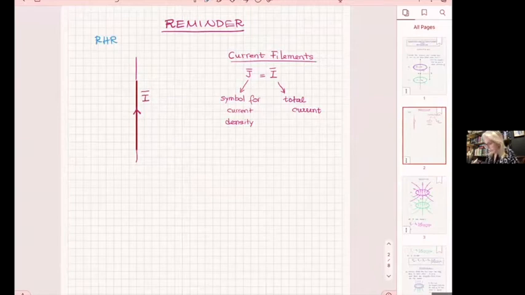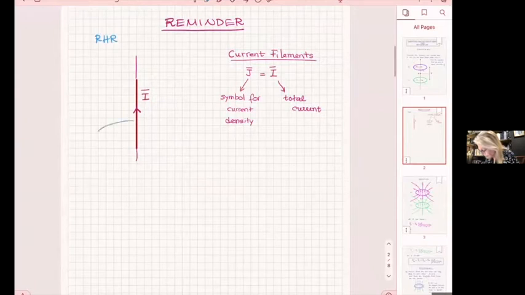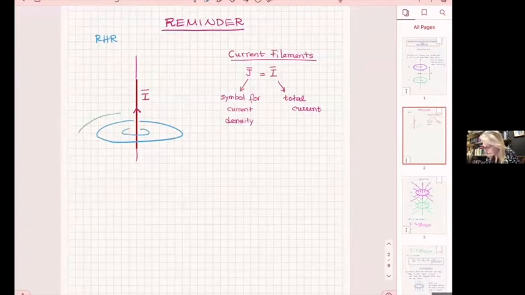So in this particular case, if you use the right-hand rule, you're going to find out that the magnetic field goes around it in closed paths.